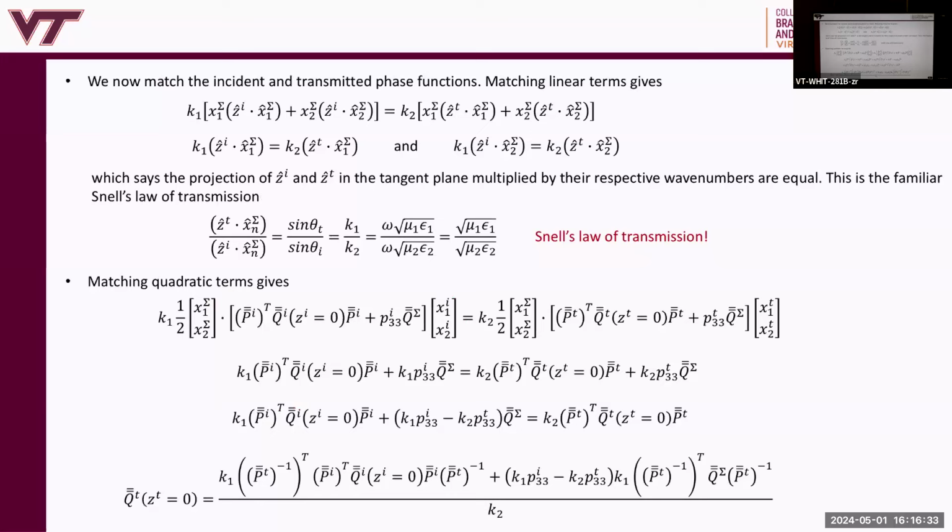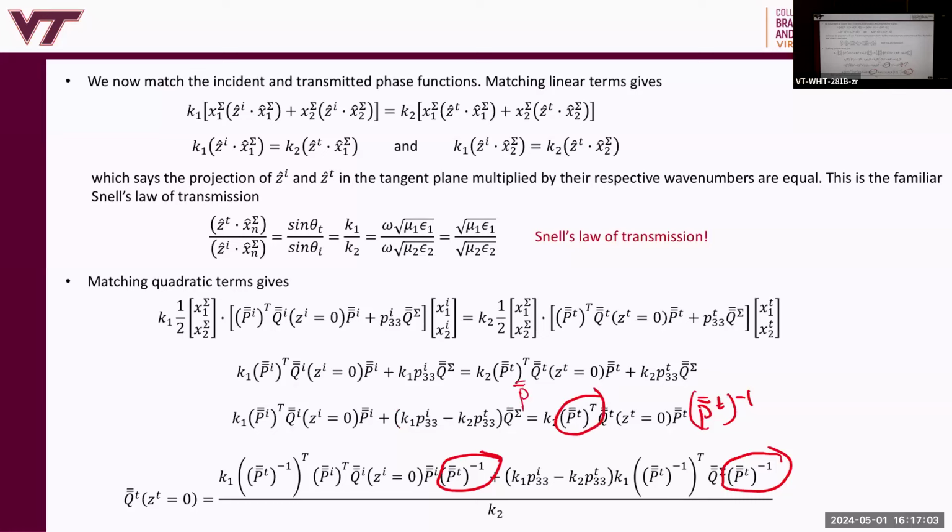Okay, now to solve this, we move this term to the left, and you'll see it appear here because they both multiply Q sigma. And then what do we have to do to solve this for Q transmitted? We need to multiply both sides of the equation with P transmitted inverse on the right. So you'll see P transmitted inverse on the right. And we need to multiply by P transmitted transpose inverse on the left.